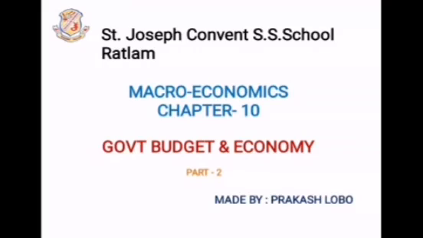Revenue receipt basically has two major characteristics. The first is that these receipts do not create any liability for the government. For example, a tax receipt, in which the government does not have any corresponding liability when it receives this money.